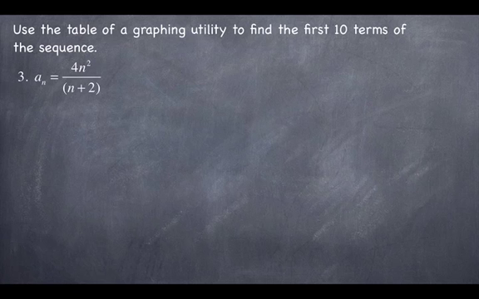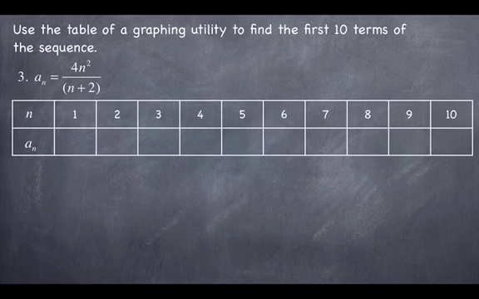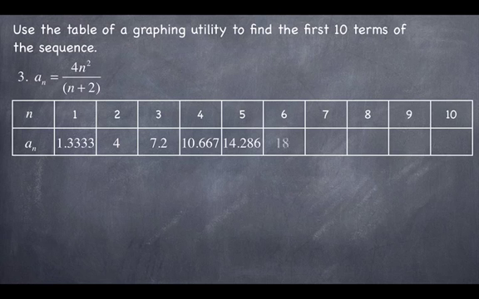What I'm going to ask you to do is just copy this table, and then in class I'll clarify how you can use the graphing utility to generate all these numbers. You might be able to figure this out on your own, but just in case, I am going to show you how to do this in class. Let's move on to the next slide.